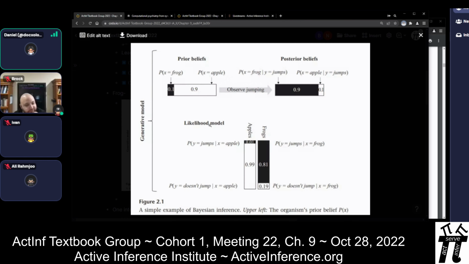So you have to balance your type 1 and type 2, false positive and false negative, error rates in this eat, do not eat, jump, does not jump observation setting. Because these are idle classifiers here, but we can imagine these as more action-oriented classifiers. Apples are for eating, frogs are for throwing.